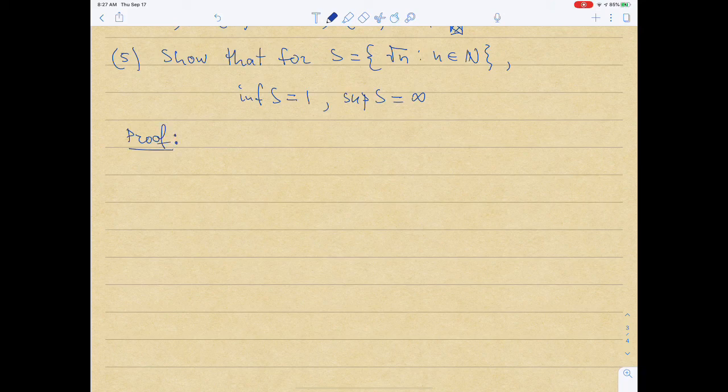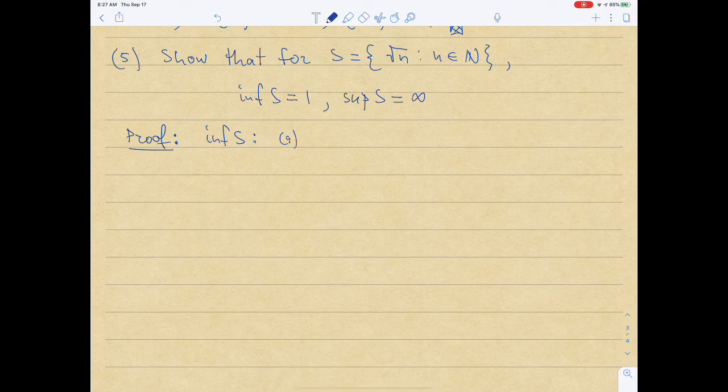How would we prove that? So let's do the infimum first. So for the infimum, right, I need to demonstrate that 1 is the greatest lower bound, right?